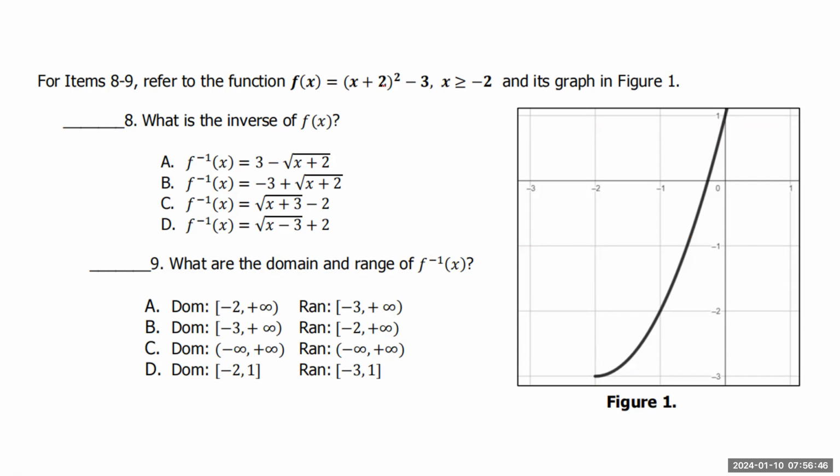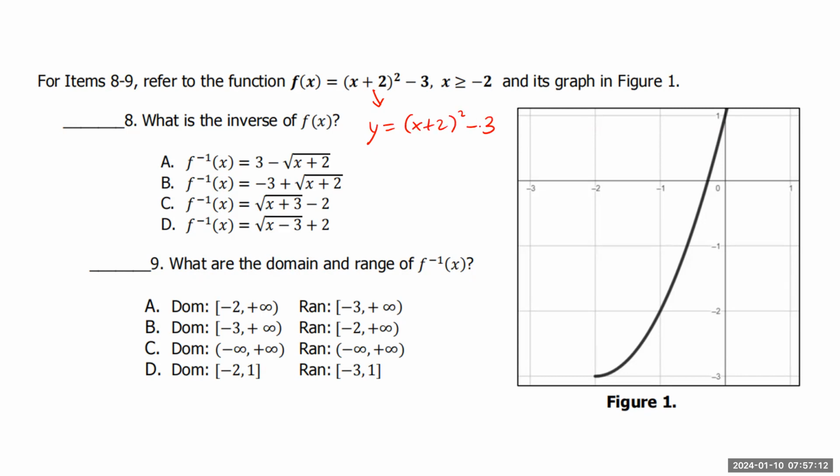Only 1 to 1 functions have inverses. To get the inverse of a 1 to 1 function, we need to obtain the variables x and y from our equation first. Where is y there? Note that we can write f of x equals y. So this is y equals (x plus 2) squared minus 3.